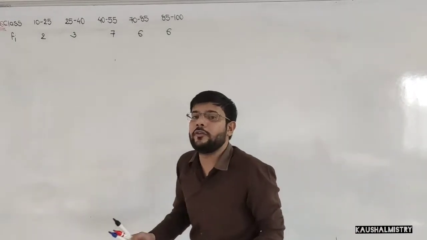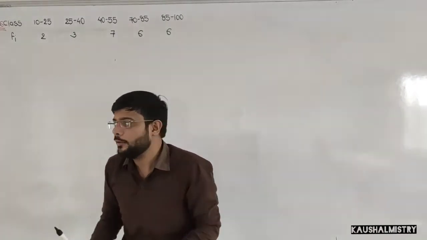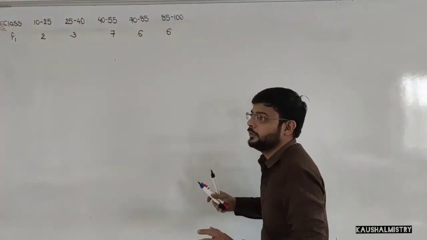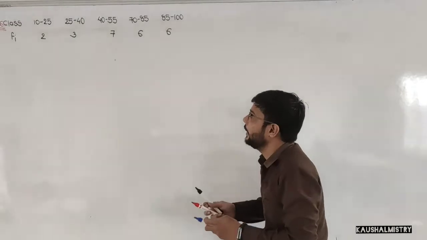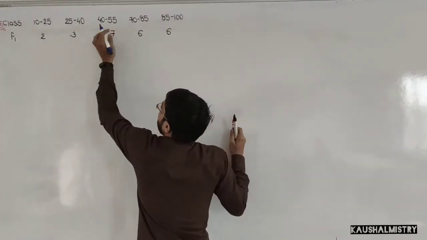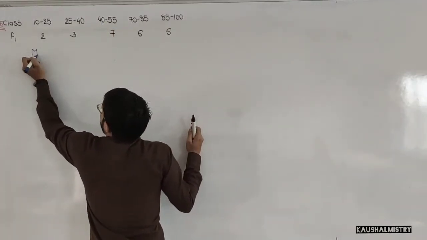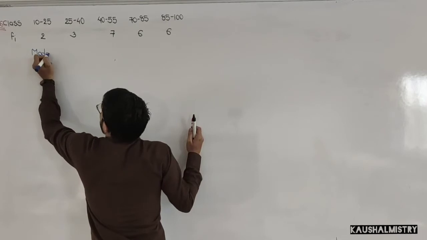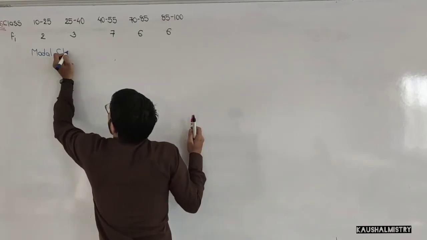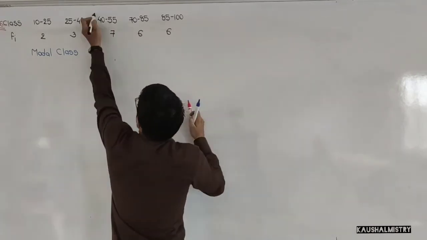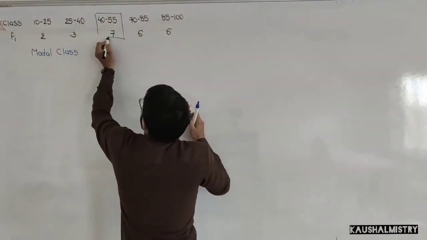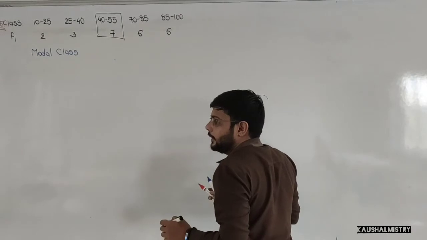How are we going to find it? Where the frequency is most, that will be our modal class. So here the modal class is 40 to 55.